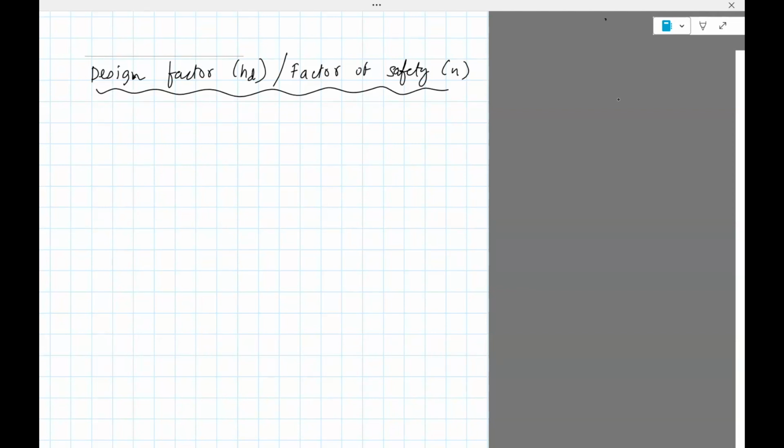Now they have the same formula actually. So what's the formula? ND or N have the same formula. It is strength divided by the allowable stress. So if the strength is abbreviated as S and the allowable stress, assuming a uniaxial load, is sigma.